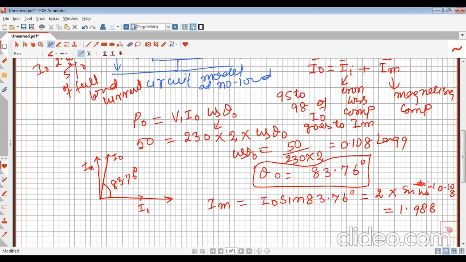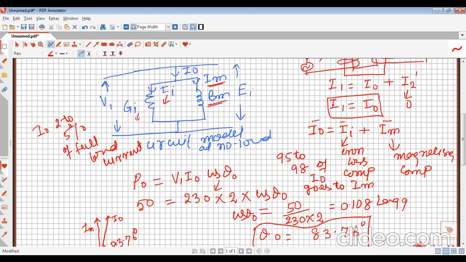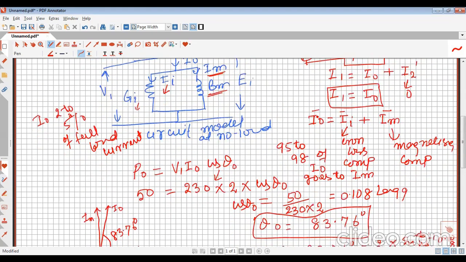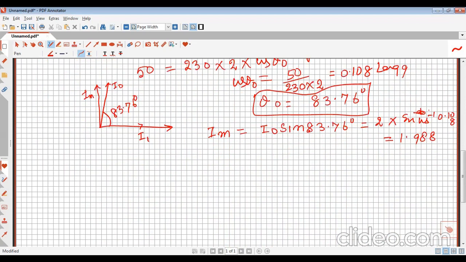We can see that here the no load current is 2 ampere only, and the magnetizing component is very near to the no load current. So it means most of the current that the transformer takes at no load is used to magnetize the core of the transformer. This core is being magnetized by taking the no load current. So this is our value of IM.